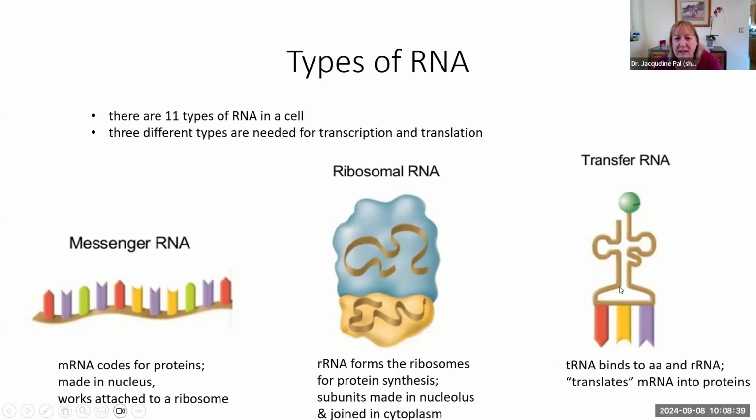And it is going to bind to both of these structures, and its job is going to be translating the message of nucleic acid from that language into the language of a protein, the amino acid language. So it's got a real important job.